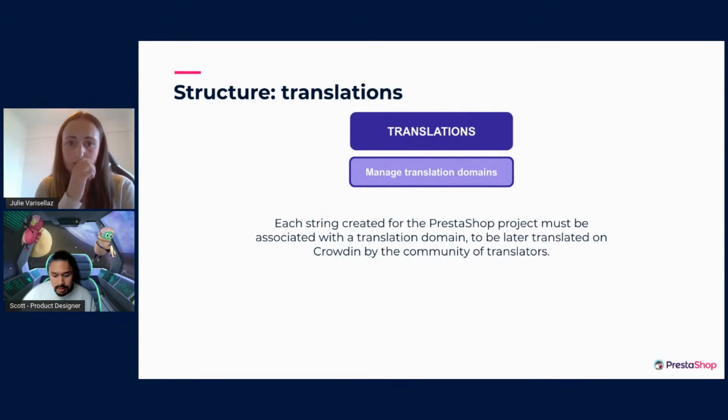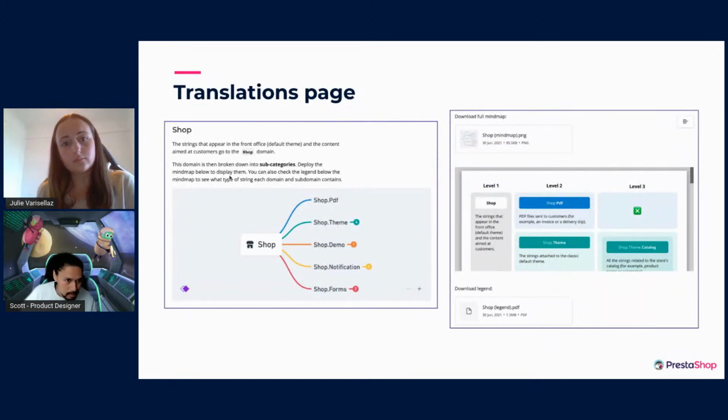And the last section is about translations. So we created this section to explain how domains work, but I will not go further into details. But here are some previews of this page. Everything is interactive. We used Whimsical, a tool to create the mind map here. It's embedded in the tool we use, which is Zeroheight.